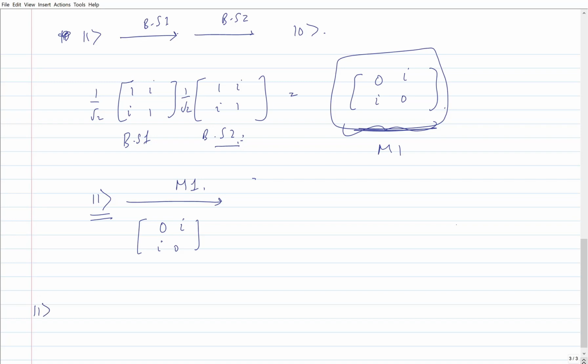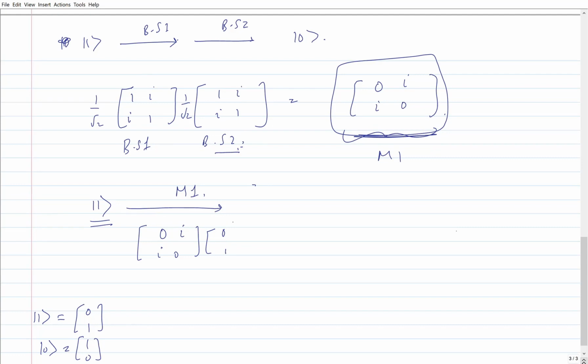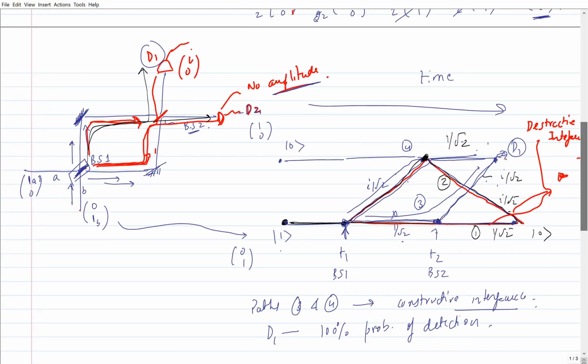So 1 by convention is this state and 0 is this state. When I apply it to 1, my final state is just the inverted state, with all the probability in the detector D1 over here.